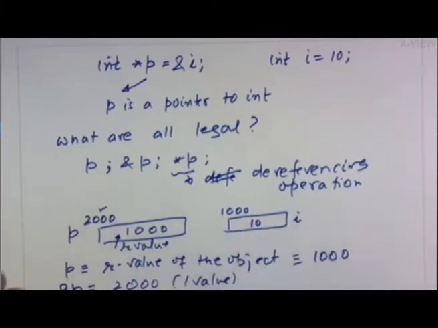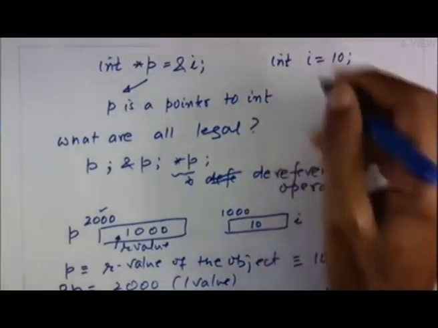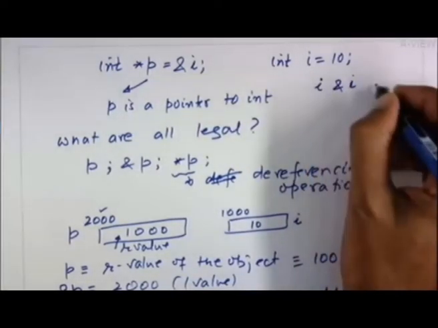So extract the object from the address which is stored in p. This is a dereference, not a reference, but the reverse. So if I dereference p, I take 1000, go to the 1000 location, pick up the value, and the returned value is 10.